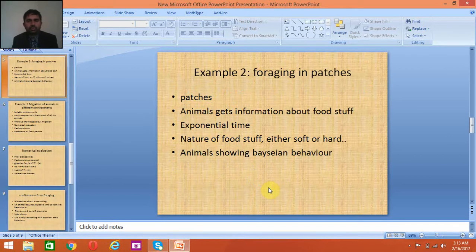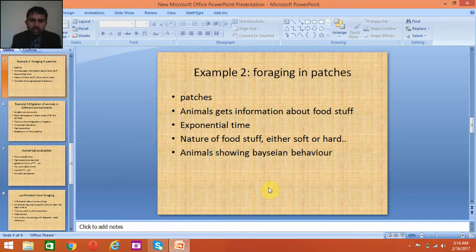Now, let us consider example number 2, that is foraging in packs. We know that all the foodstuff in our environment consists of food patches, maybe small or large, hard or light, depending upon their nature. All the animals get information about the foodstuff first. Then they also use their past experience for this purpose.